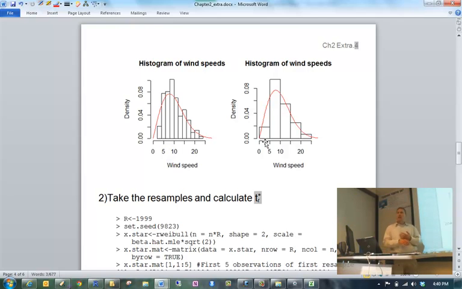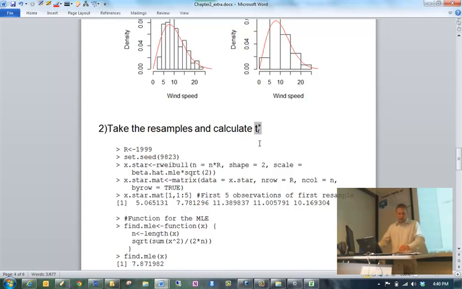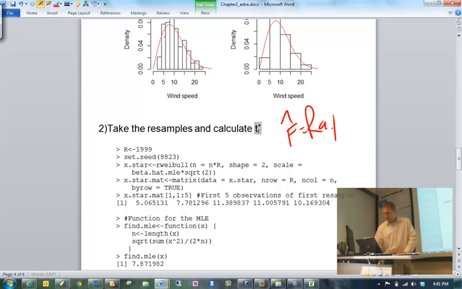Okay, so now that we're satisfied with the Rayleigh distribution, what we can do is use the Rayleigh distribution as our f hat. So our f hat in this particular case would be the Rayleigh with beta hat.